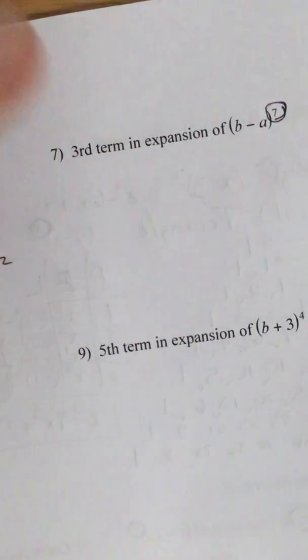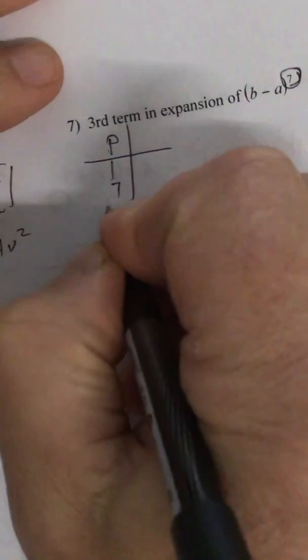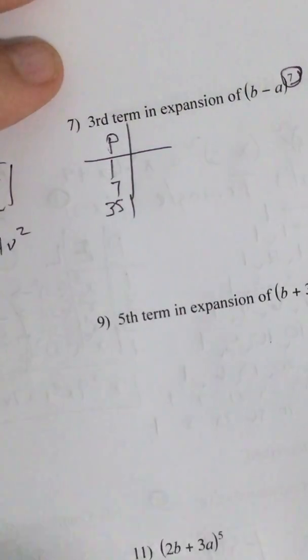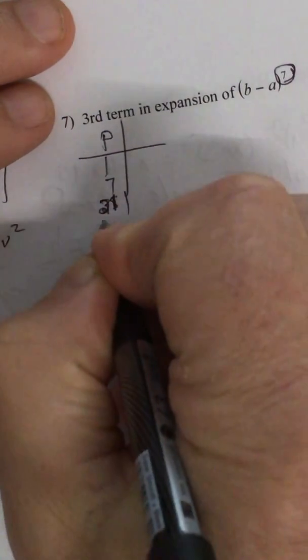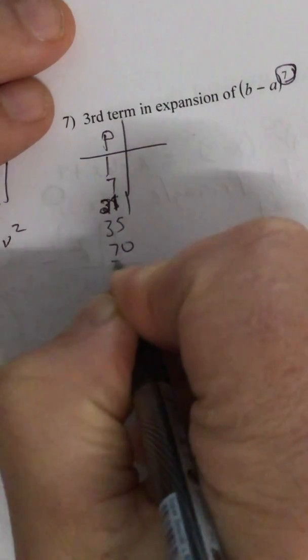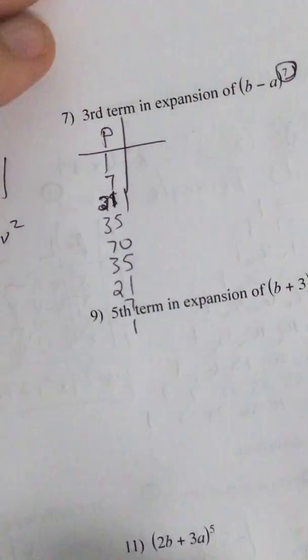Okay, here we have one going to the 7th power. Okay, 7. 1, 7, 25, so Pascal. 1, 7, 35. No, that's not the third one. 1, 7, 21, 35, 70, 35, 21, 7, 1.